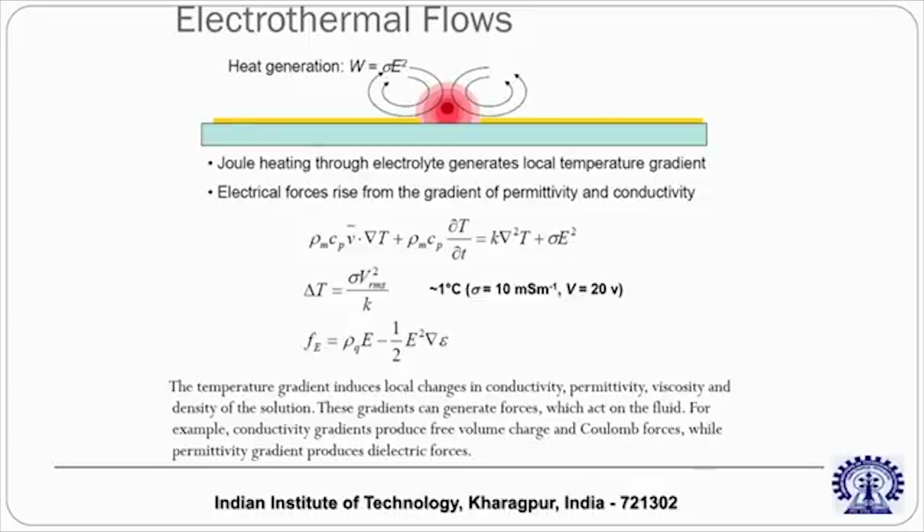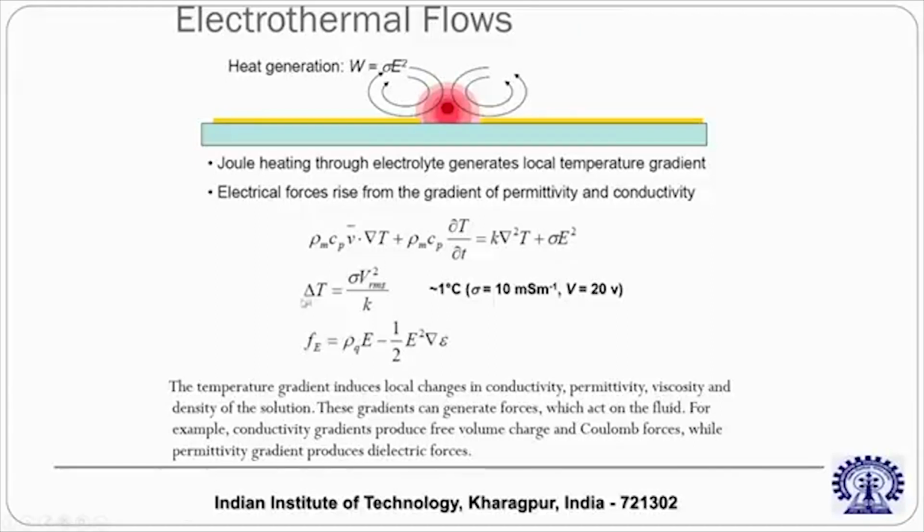And finally, I will talk about another electrokinetic effect called electrothermal flows. In electrothermal flows, if you create a thermal field in the sample or a thermal field is already there in the sample, that can give rise to gradients in electrical properties.